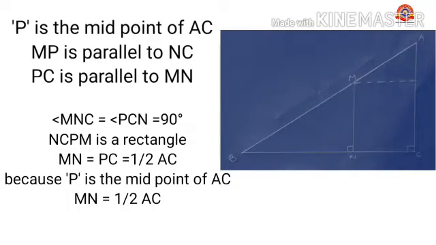Angle MNC is equal to angle PCN is equal to 90 degree. Therefore, NCPM is a rectangle. Therefore, MN is equal to PC is equal to half of AC because P is the midpoint of AC. That is, MN is equal to half of AC.